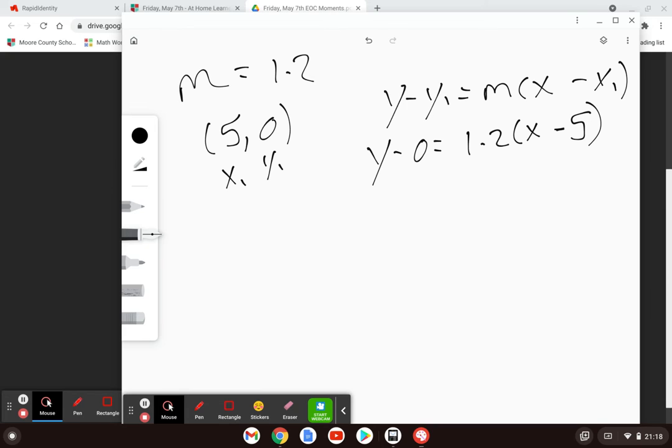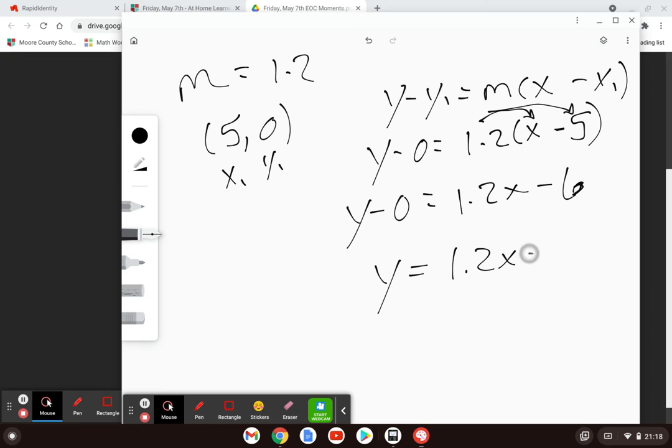All right? So now my next step is to distribute that 1.2. So that's going to become 1.2x minus 6. All right. So y minus 0 is y. So y equals 1.2x minus 6. And that would be the equation of the line.